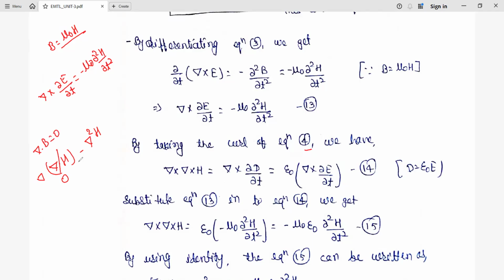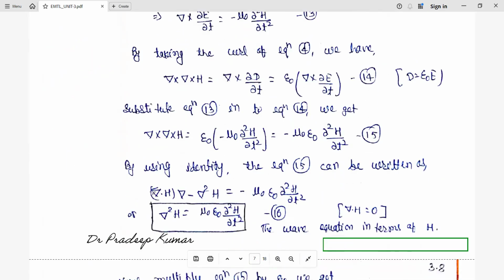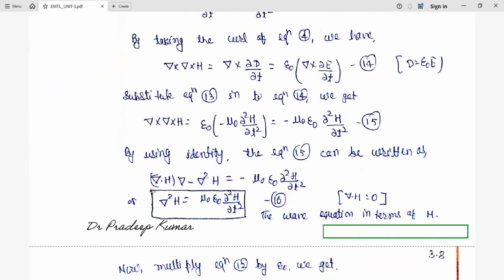On that basis, in this situation also we have a wave equation in terms of magnetic field intensity. The minus and negative are going to cancel.